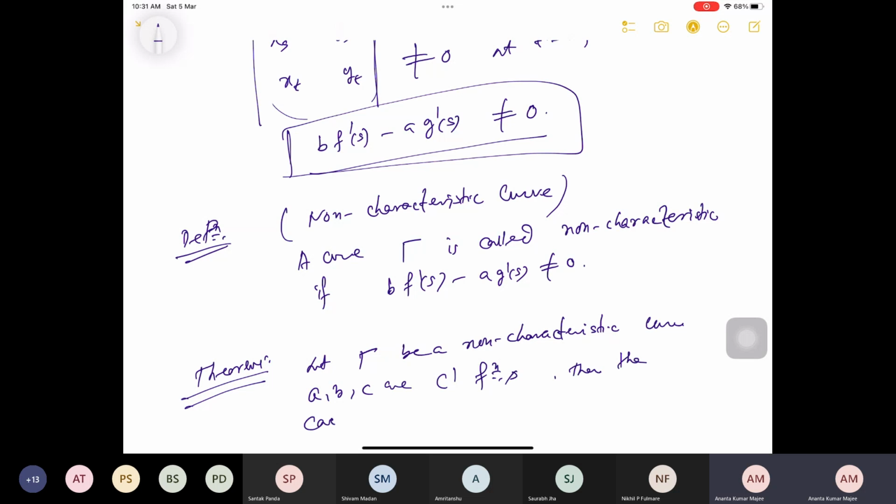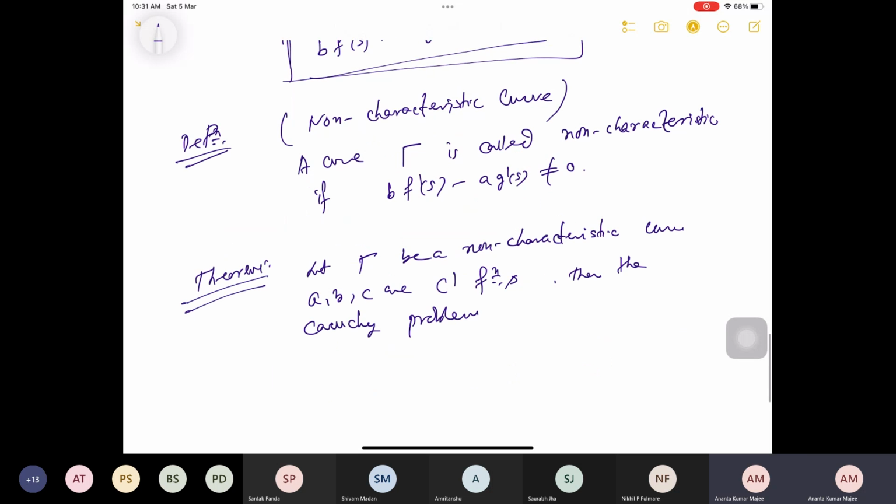Then the Cauchy problem, a(x, y, u) u_x plus b(x, y, u) u_y equals c(x, y, u) in u.